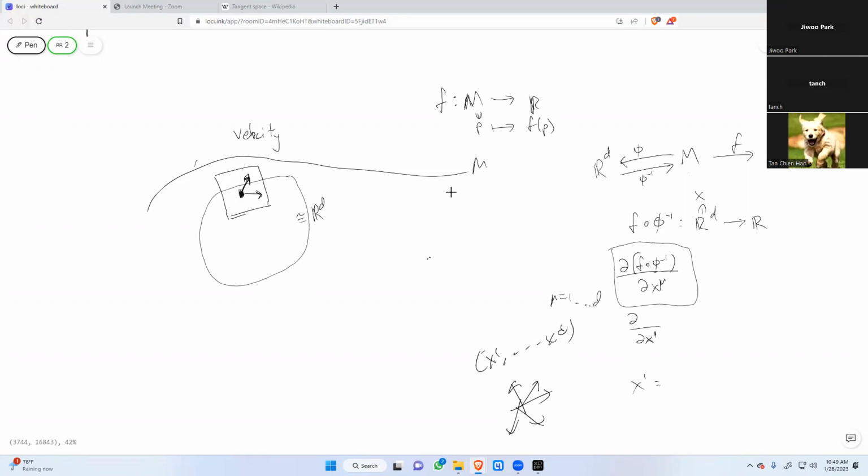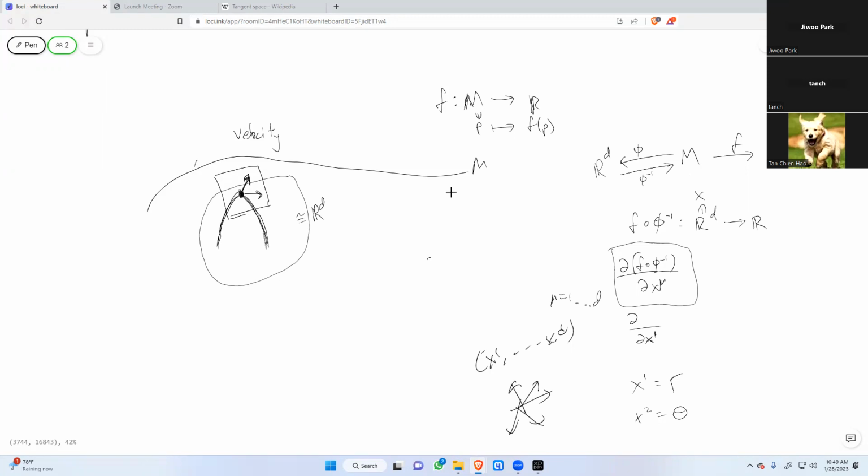Let's say we are in the coordinate system where x1 is r and x2 is theta. Increasing r would trace out a curve, right? Starting from this point, increasing theta would trace out another curve, perhaps like this.